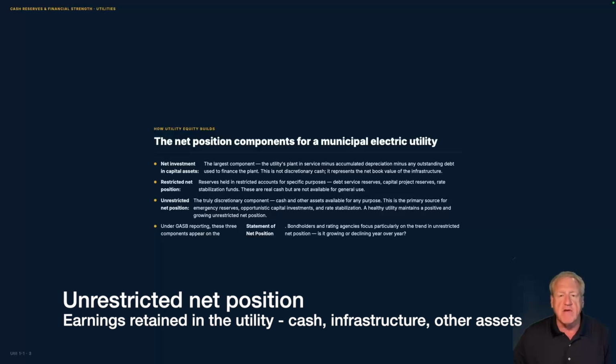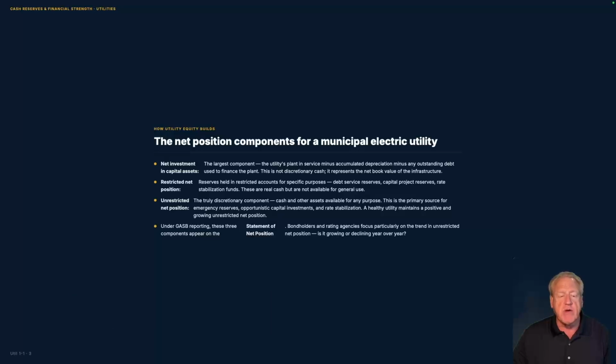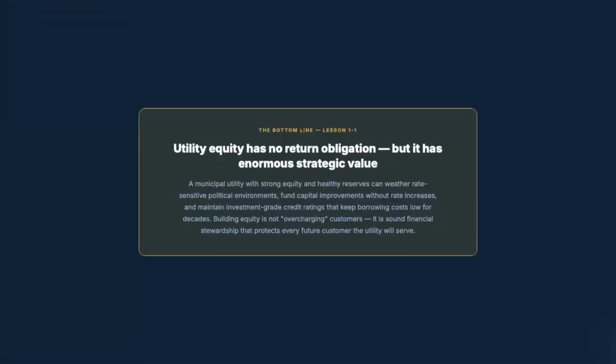But it is the reinvested component of earnings in the utility, and it will represent a value of some of the cash that you have available to spend for operations, capital improvements, and also rate stabilization. So other types of reserves that you can set up for that. So a healthy utility maintains a positive and growing unrestricted net position. And so you'll see these on the statement of net position right with the liability section of your financial statements.